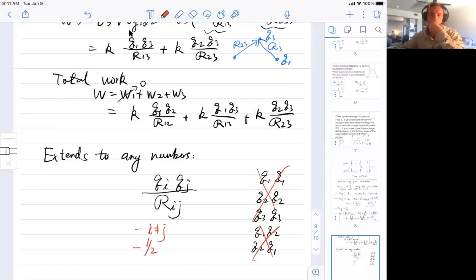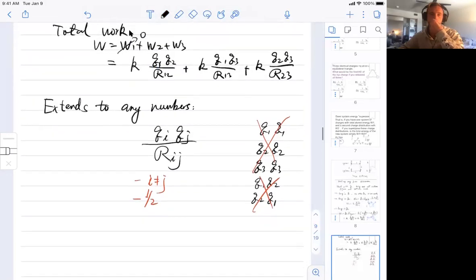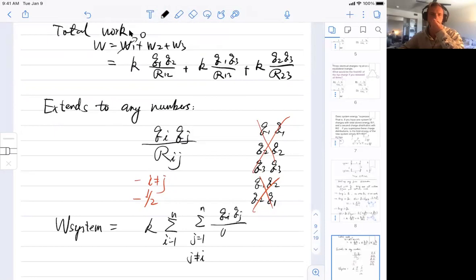Okay, so having these 2 constraints, let's see if we can write a general expression for our W. The W of any charge system is going to be K, or you can write 1/4πε0, times the sum of I from 1 to any number, J from 1 to any given number, but J does not equal I, of Q_I Q_J over R_IJ.